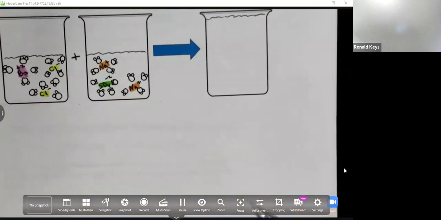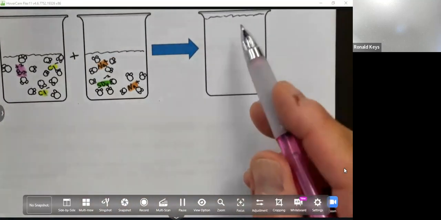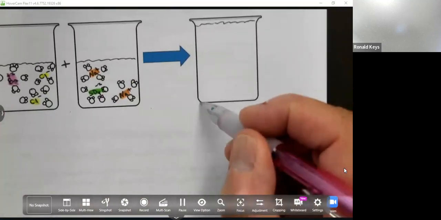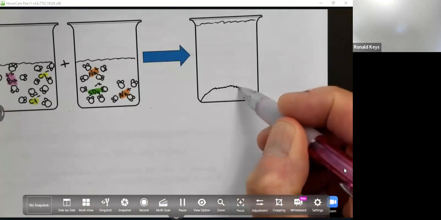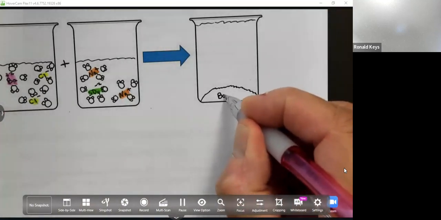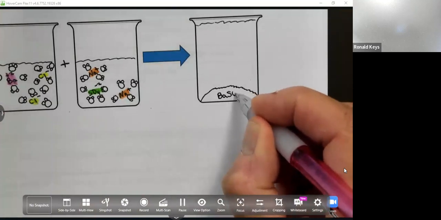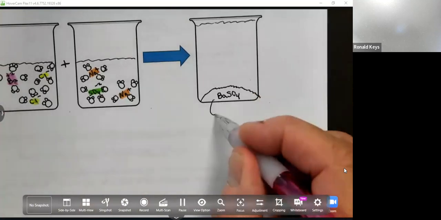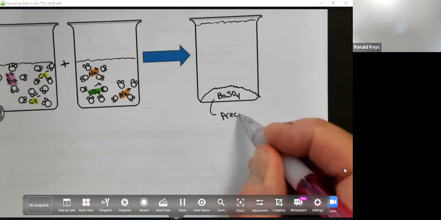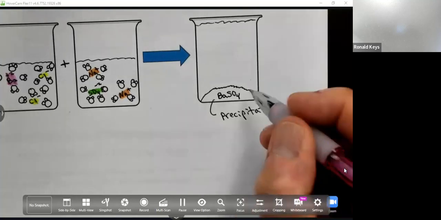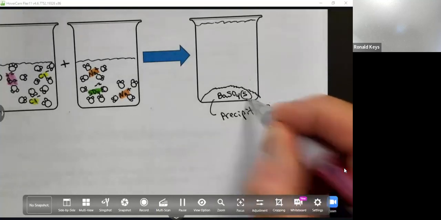What's going to happen is this. Your barium sulfate is going to end up as a solid precipitate. We would call this a precipitate on the bottom. There is my barium sulfate solid.